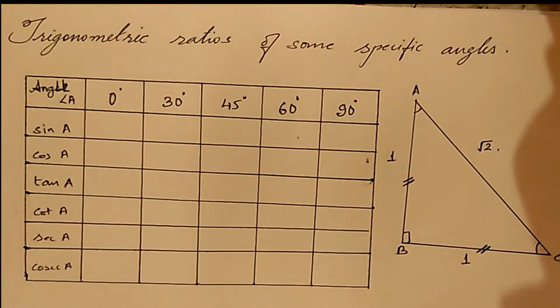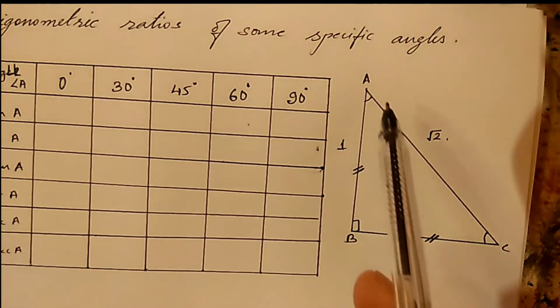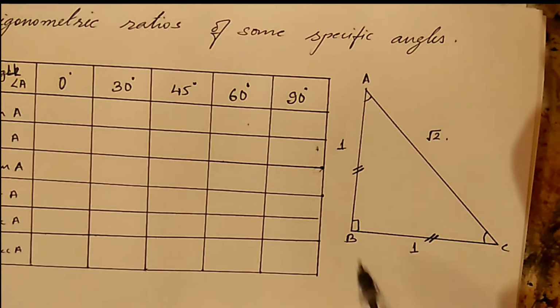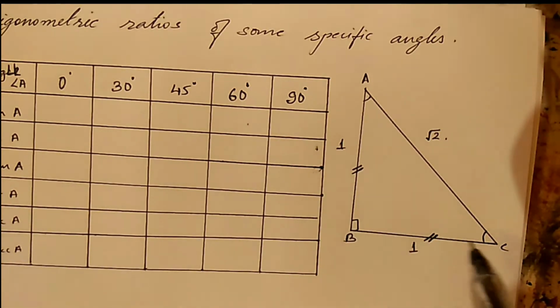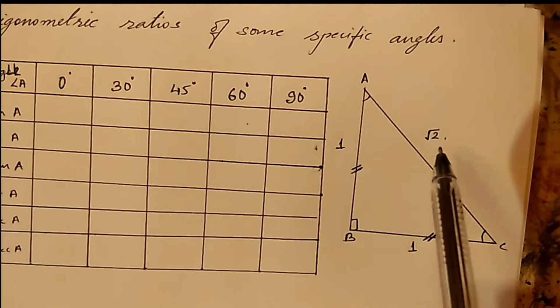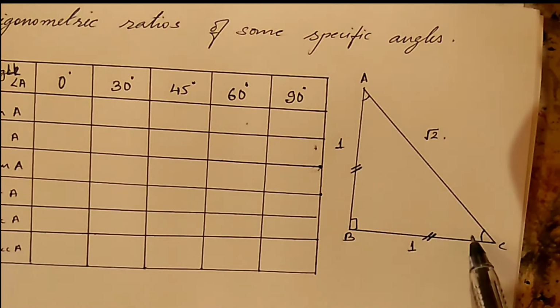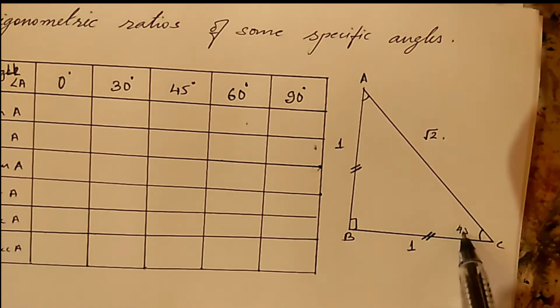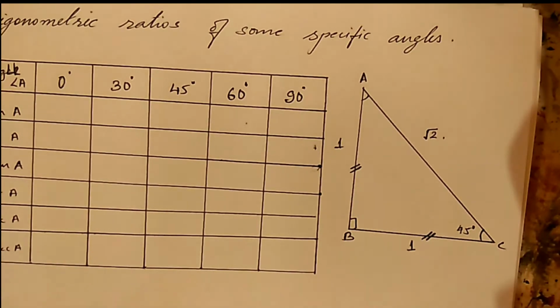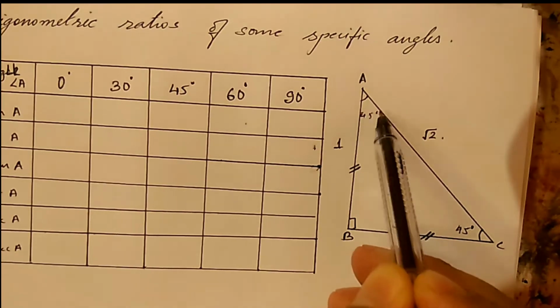Now to illustrate this one, I have drawn here an isosceles right angled triangle such that the sides AB and BC are equal and they are of unit length. Now using the Pythagoras theorem, we can find out what will be the hypotenuse. The hypotenuse is equal to root 2. So if I want to find out what will be this angle, then in an isosceles right angle triangle, both these angles will be 45 degree each.